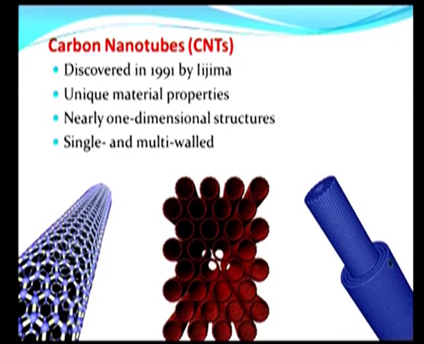The one here is a multi walled tube, you have concentric tubes, whereas you have in the center an array of single walled nanotubes. If it is a single walled carbon nanotube as in the center over here, then it is as nearly a one dimensional structure as one can practically have, with diameters that can be as small as about a nanometer.